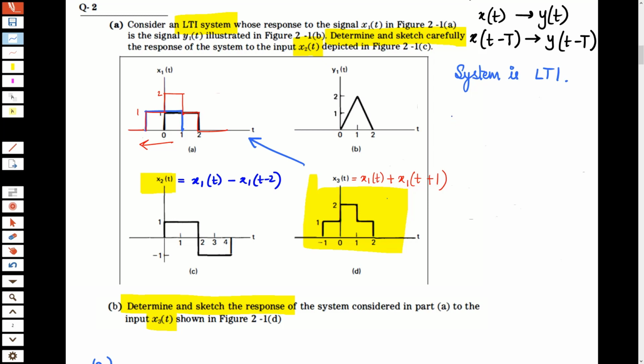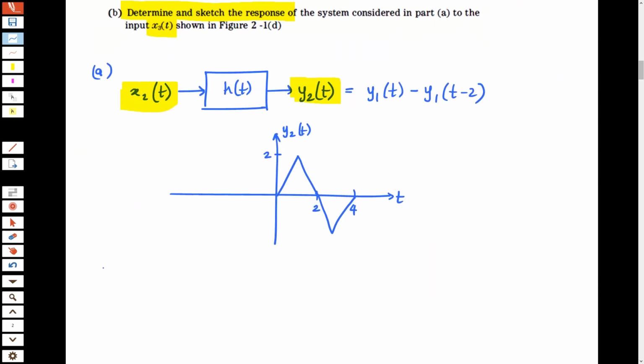In other words, we are saying if x1 resulted in y1(t), which is given, what would x1(t) plus x1(t+1) result in? That is what we are asking. So because this is an LTI system, obviously it would give you y1(t) plus y1(t+1), right? So let's write that.